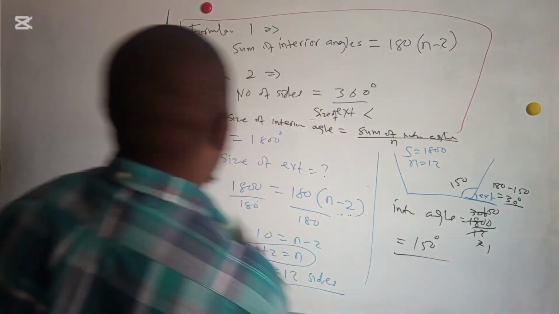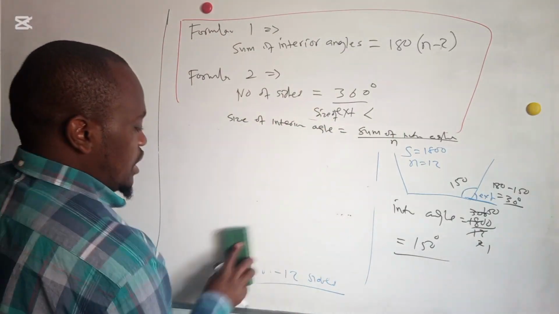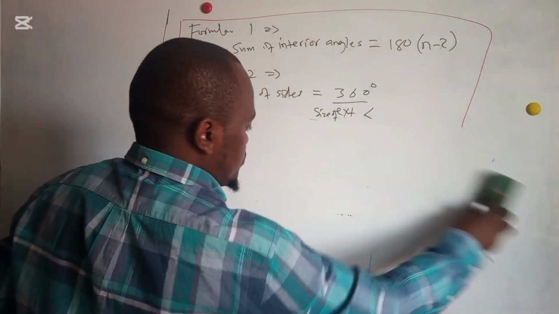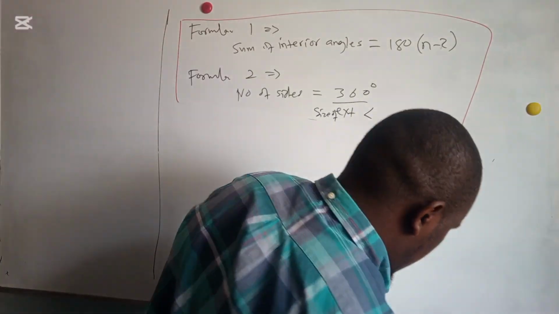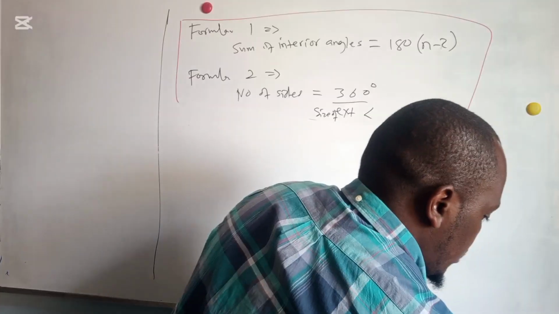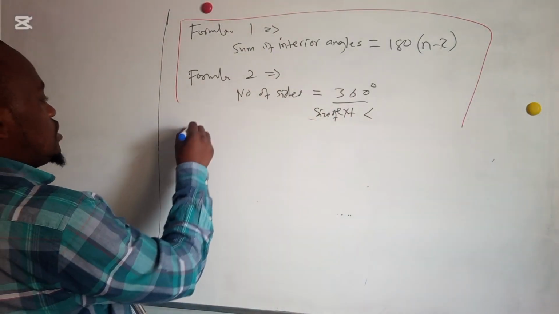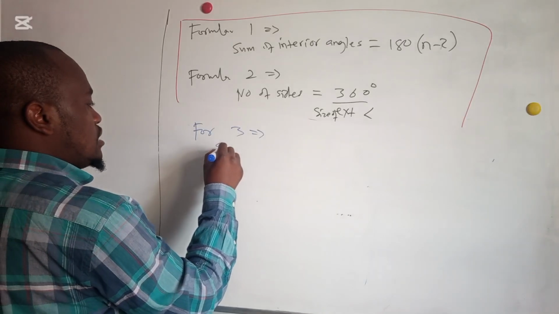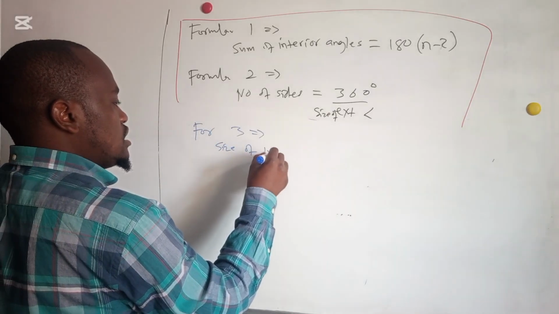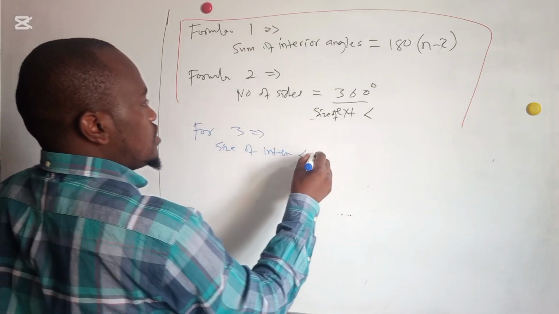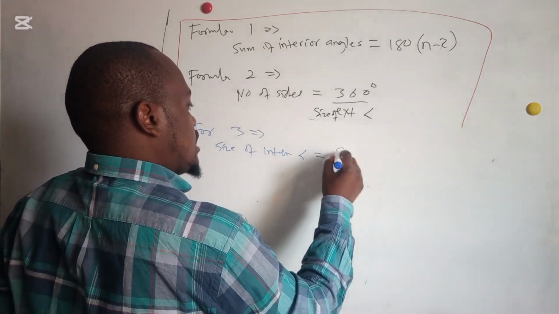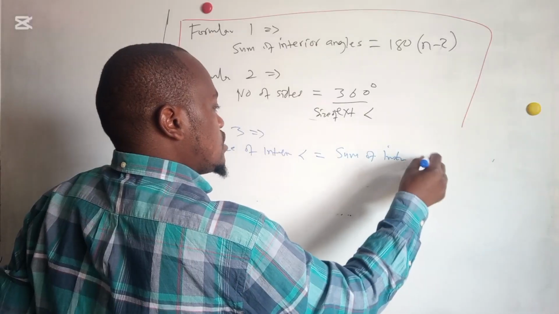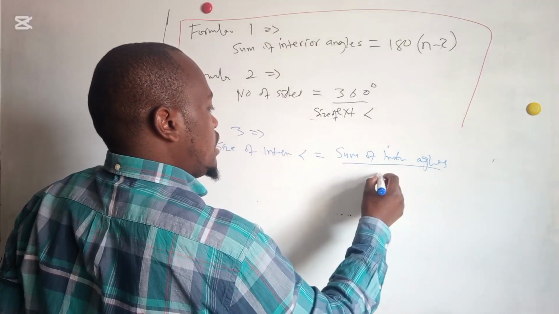So let us wrap this question and add the two formulas that we have come up with. You could add this also to help you in understanding. So formula 3: size of interior angle is given by sum of interior angles divided by n.